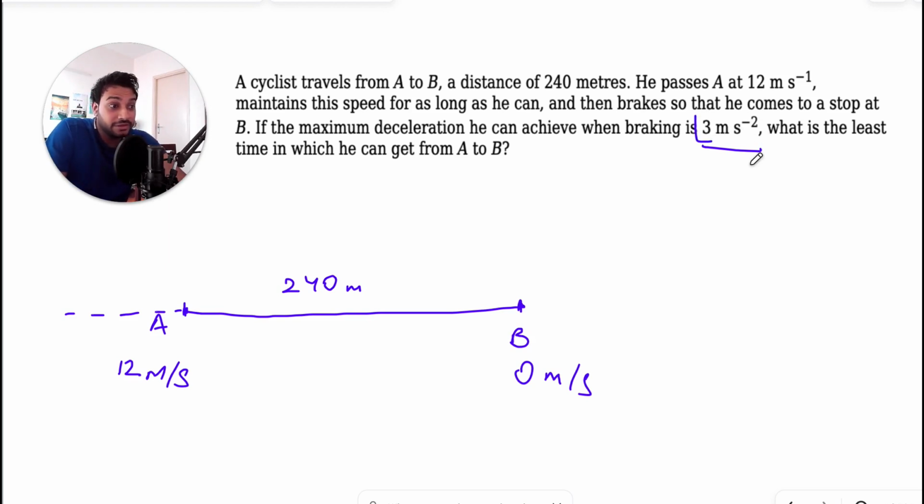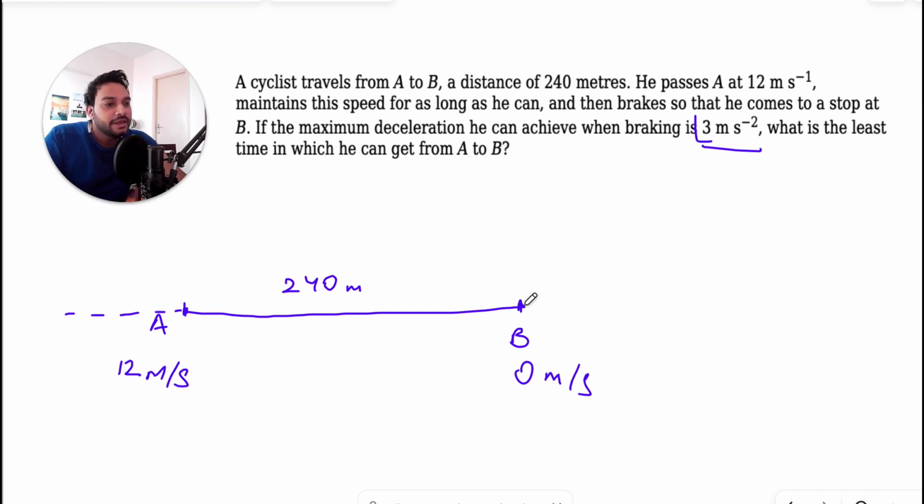That means every second the velocity is going to decrease by 3 meters per second. It was 12 meters per second, so it will take 4 seconds, because 3 times 4 is 12. So in 4 seconds, the cyclist will come from 12 meters per second to 0 and stop at B. That means we'll only give the braking time as 4 seconds.